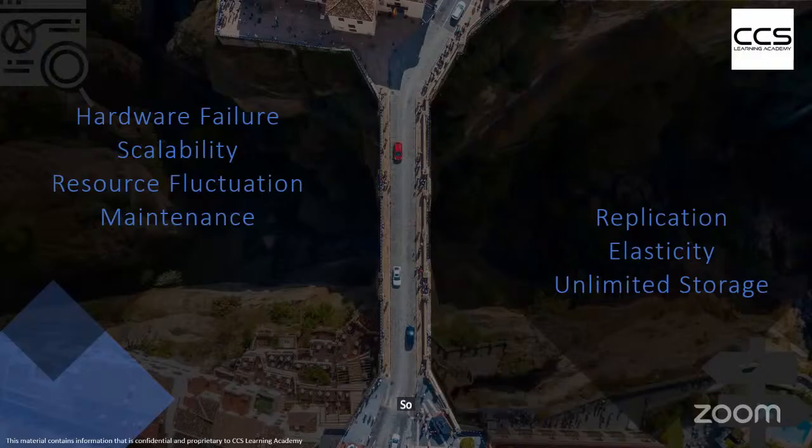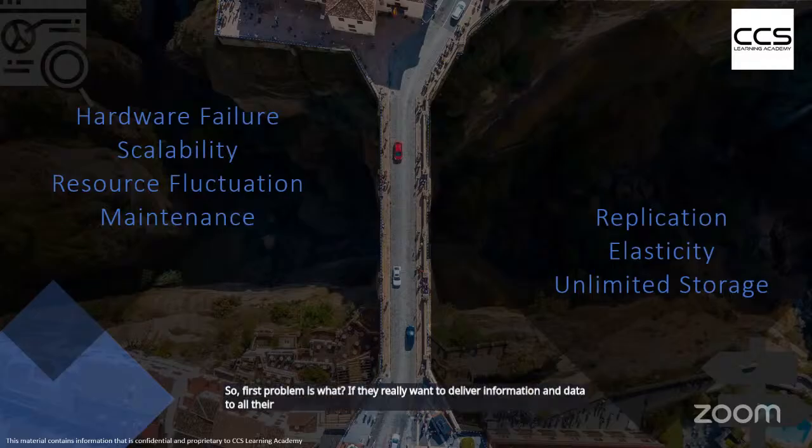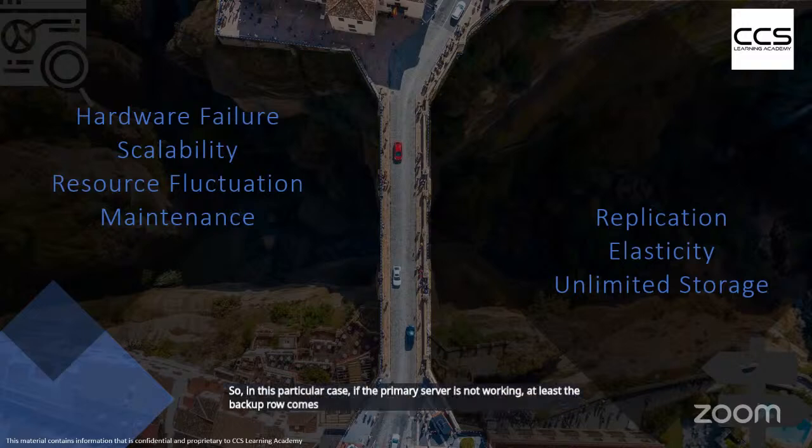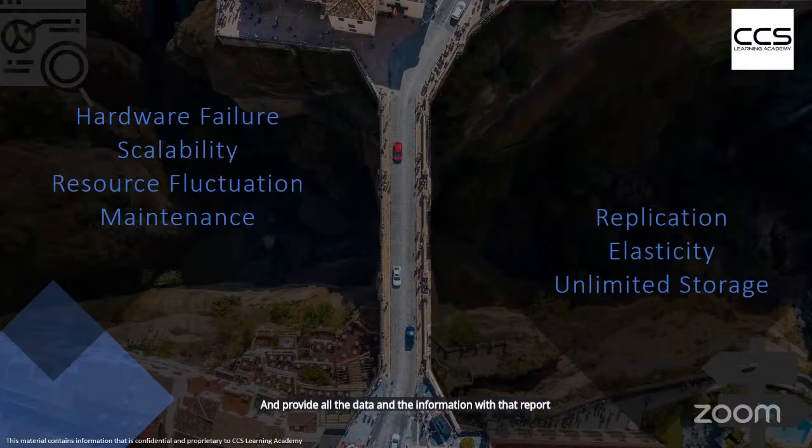So the first problem is: if they want to deliver information and data to all their customers and employees 24/7, they should prepare a backup server. If the primary server is not working, at least the backup server comes into the picture and provides all the data and information. That is a problem.